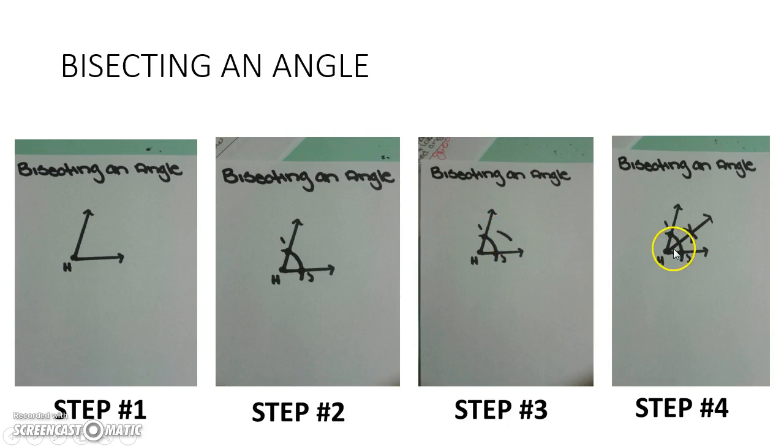Without changing your compass, you would do the same thing you did from point J to point I. And from these two arcs, you would intersect them. You would create a line. That's how you bisect an angle.